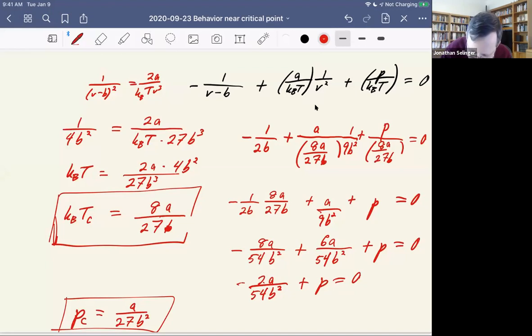So we have the temperature and pressure and volume at the critical point. That's pretty good. Now we know these things algebraically.